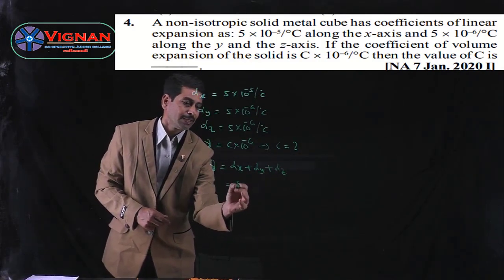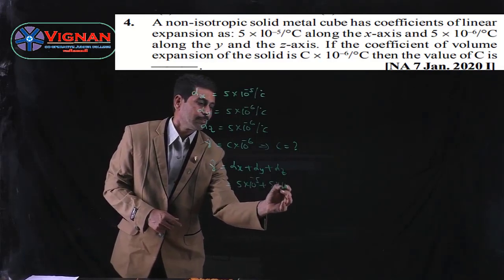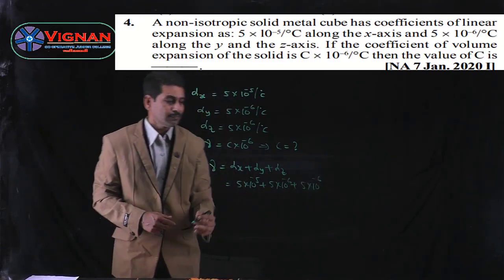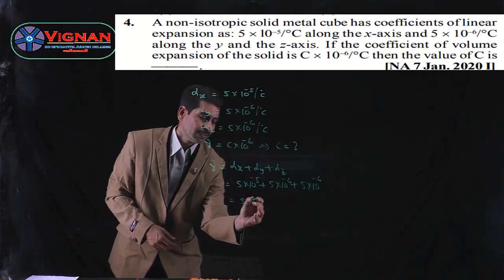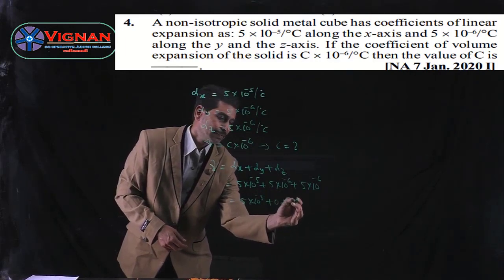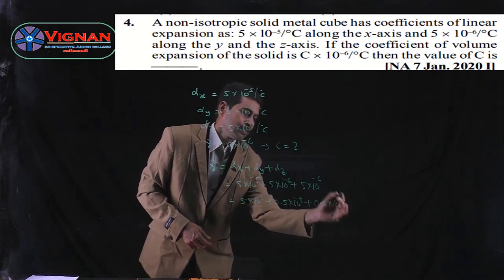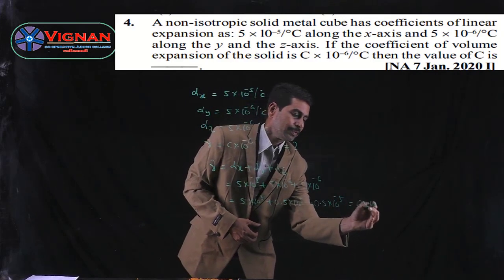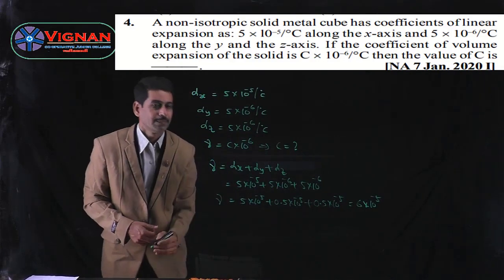This is nothing but 5 into 10 power minus 5 plus 5 into 10 power minus 6 plus 5 into 10 power minus 6. By writing all in 10 power minus 5, we get this as 5 into 10 power minus 5 plus 0.5 into 10 power minus 5 plus 0.5 into 10 power minus 5. Therefore we get this value as 6 into 10 power minus 5. This is the value of gamma.